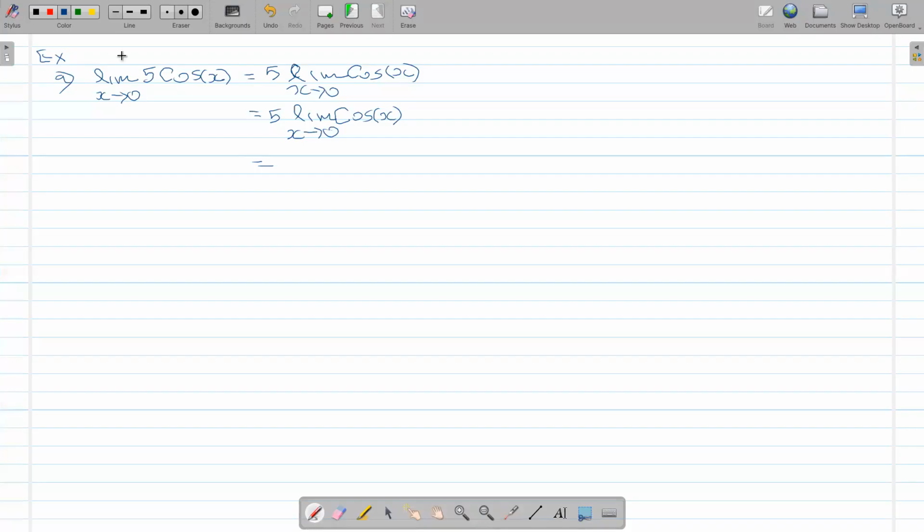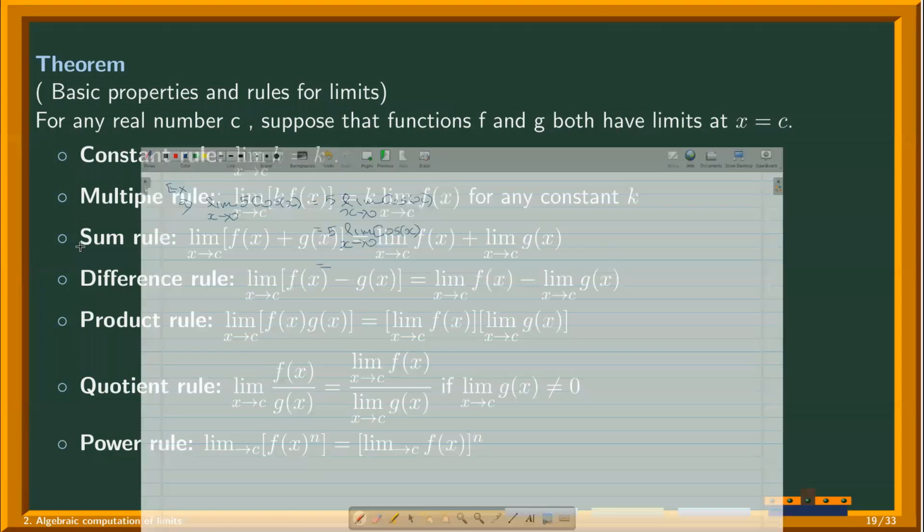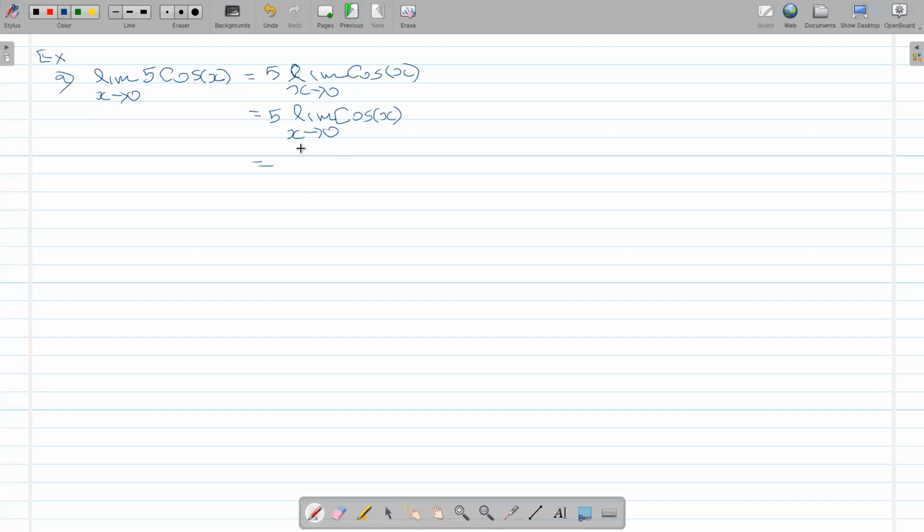Here, this 5 cos x is not in the list. I have only cos x. So what I did, I pulled out the 5 using this rule. Then I have to calculate the limit of cos x. For that one, it's in the list, so I can plug in directly.